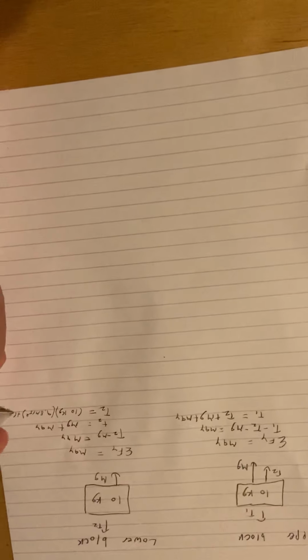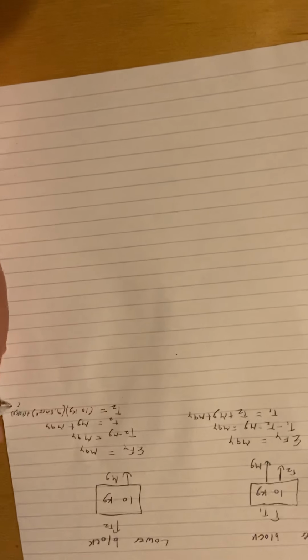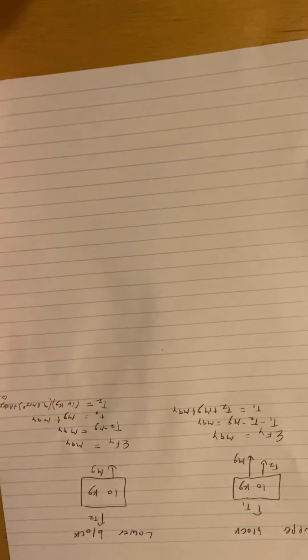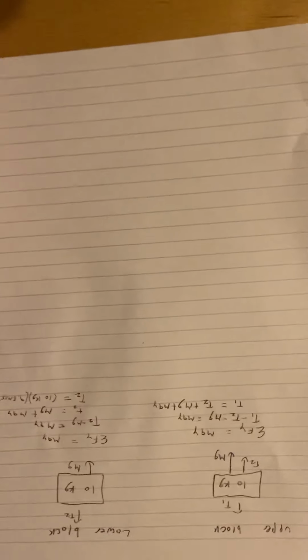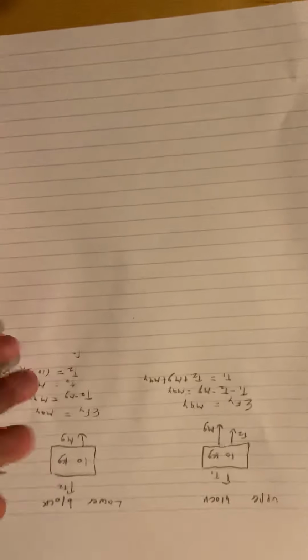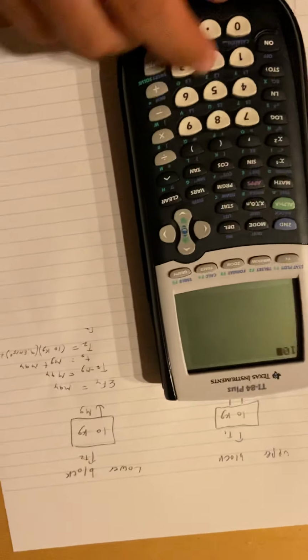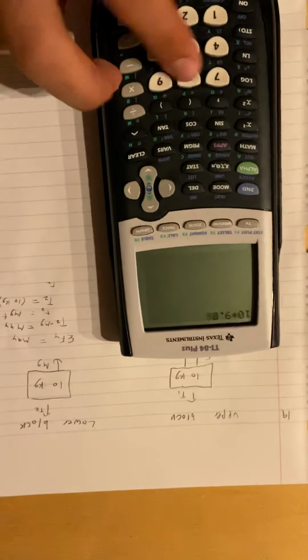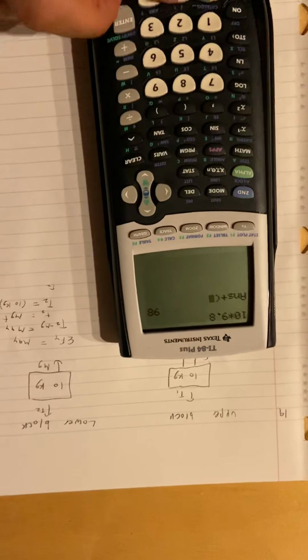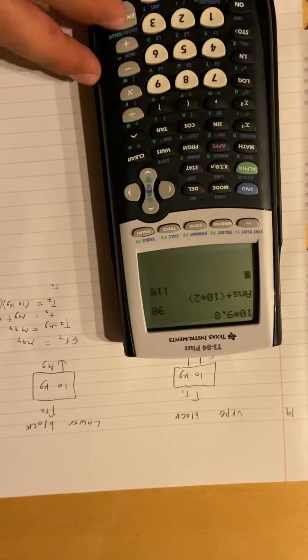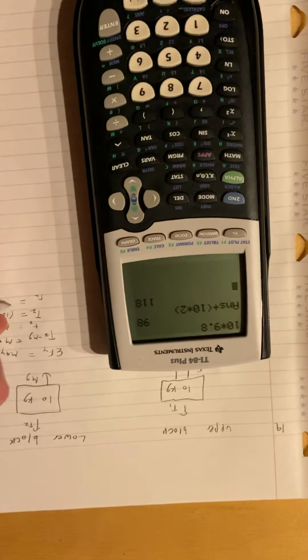And then we'll do that plus 10 kilograms again times the acceleration, which is 2 meters per second squared. Okay, then if you plug that in the calculator, 10 times 9.8 plus 10 times 2, 118 newtons.